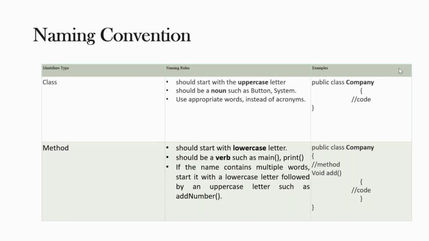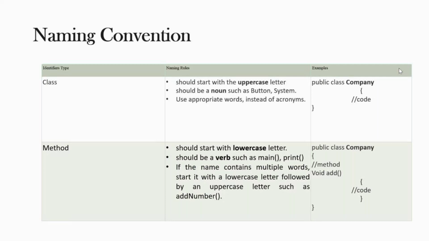If you are doing any activity related to a vehicle called car, then you can keep the class name as Car. If you are doing anything related to fruits, you can keep it as Fruits. If you are doing anything related to books, you can keep the class name as Book. The first letter should be uppercase, that is a capital letter. So this is how you can keep the name.